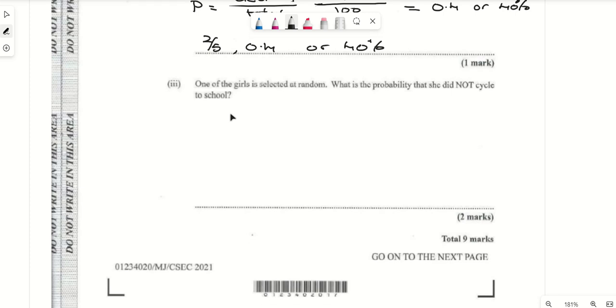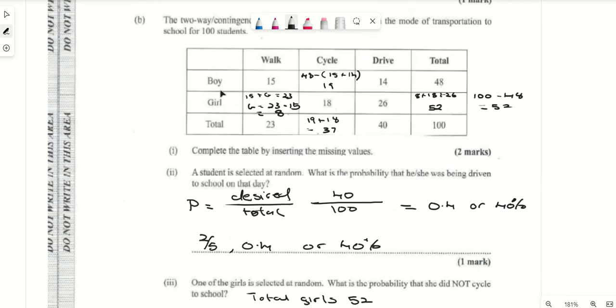Right? And then it said one of the girls is selected at random, so we're talking about girls, not girls and boys. So the total for girls, let's write that down. The total number of girls, according to this, is equal to 52. What is the probability that she did not cycle to school? So that means everything other than cycling.